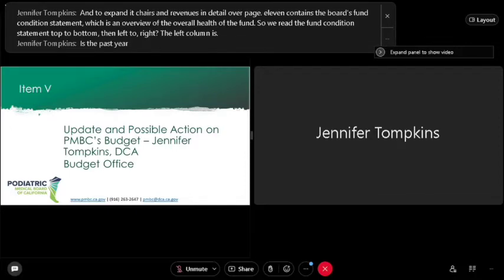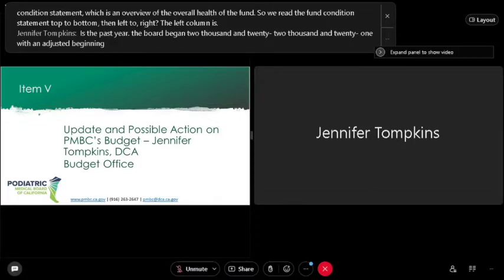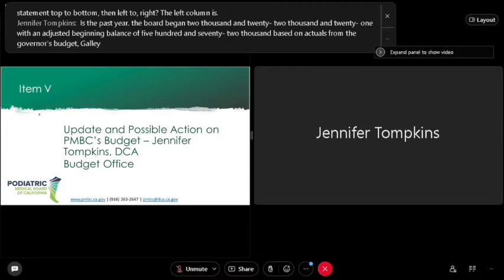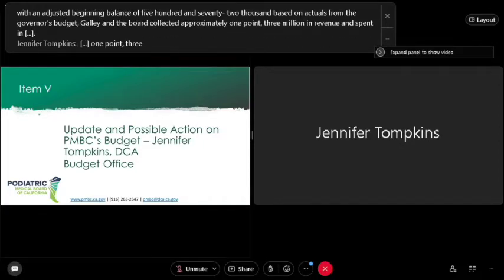The board began 2020-2021 with an adjusted beginning balance of $572,000 based on actuals from the governor's budget galley. And the board collected approximately $1.3 million in revenue and spent approximately $1.3 million in expenditures.